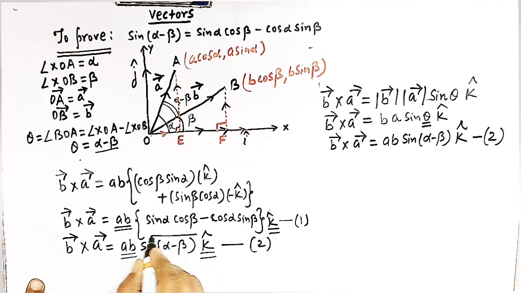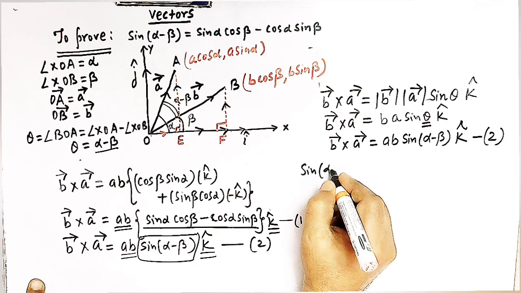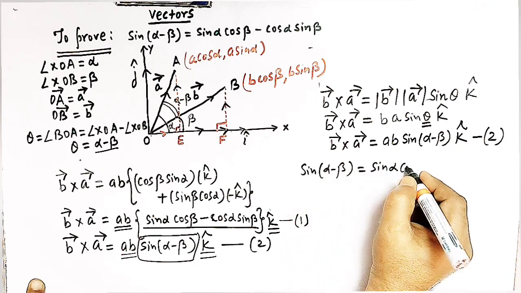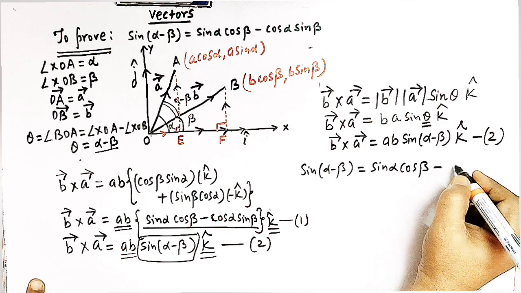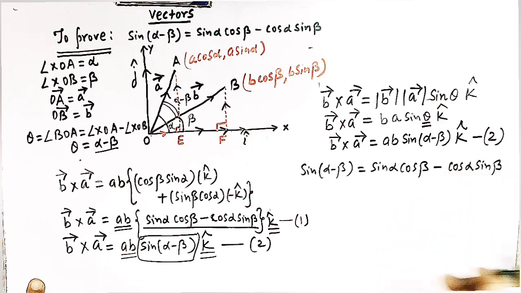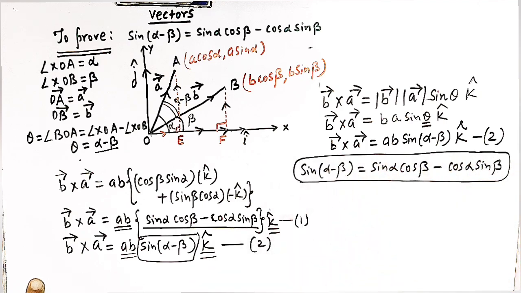So sine alpha minus beta should be equal to sine alpha cosine beta minus cosine alpha sine beta, and this is our desired result.